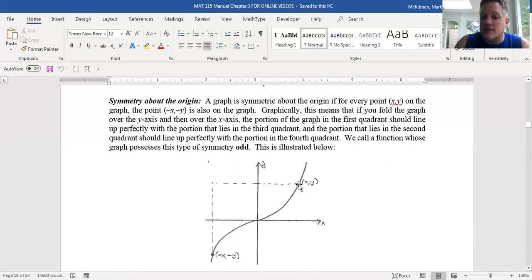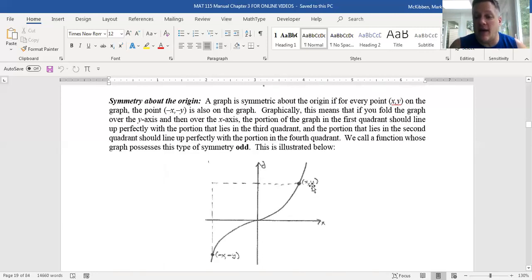If I go a distance to the right of the y-axis and have a point, the corresponding point that you obtain by going the same distance to the left is the one with the opposite signed y value, right? And so notice here that at x, y, I'm in the first quadrant. The corresponding point here is at negative x, negative y, which means I went the same distance to the left of the y-axis and the same distance below the x-axis that I went up to get that guy.